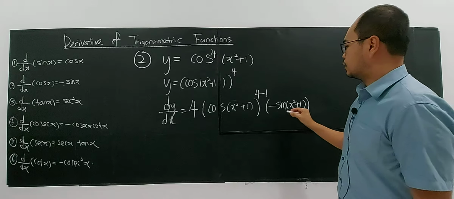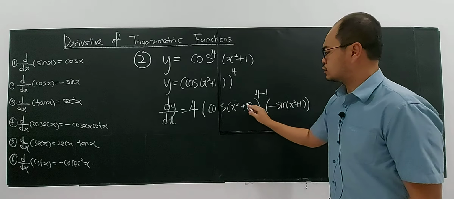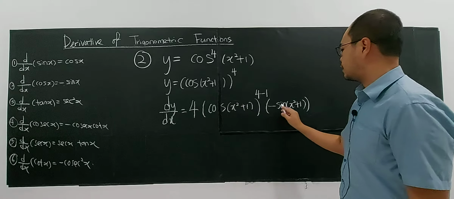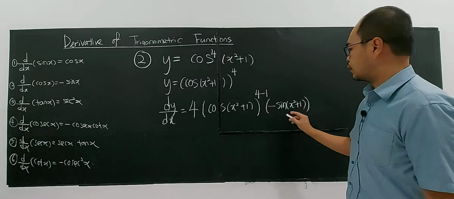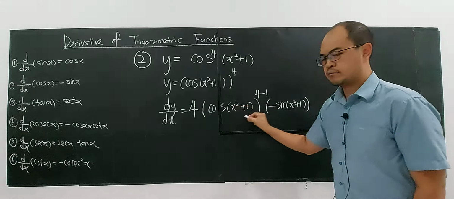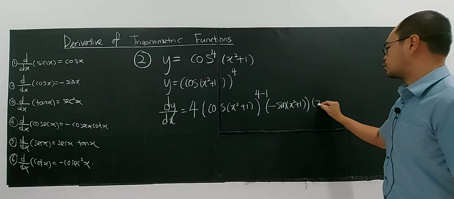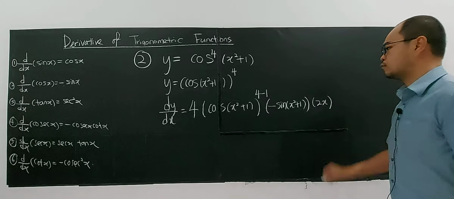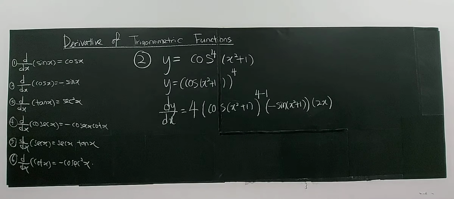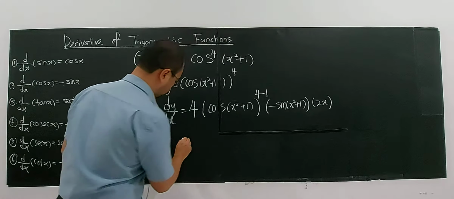Then differentiating this cos becomes negative sin of (x squared plus 1). Don't forget to differentiate the angle inside, which is x squared. Differentiating, you will have 2x. So you have completed the differentiation. See the flow.